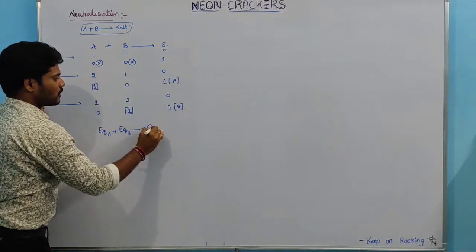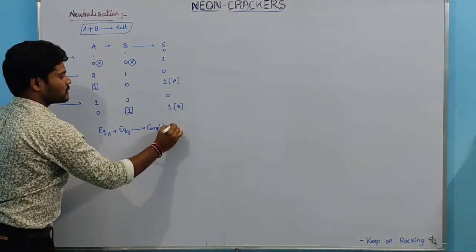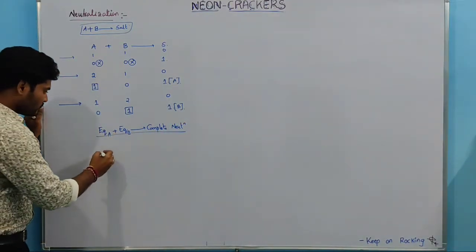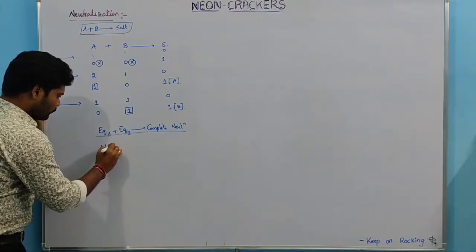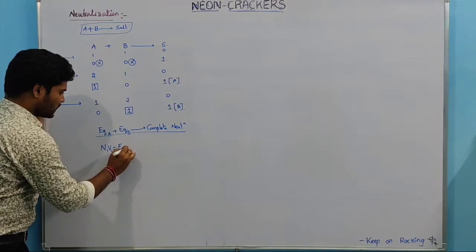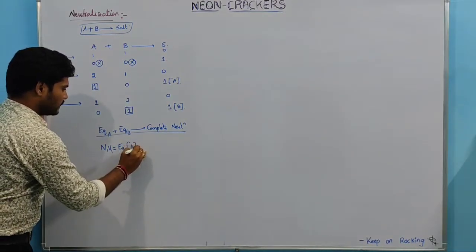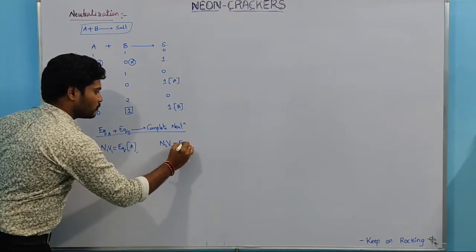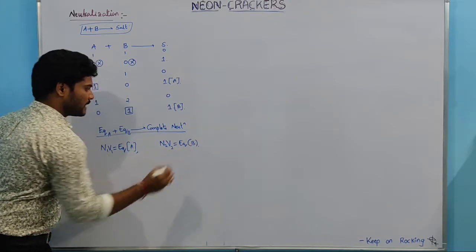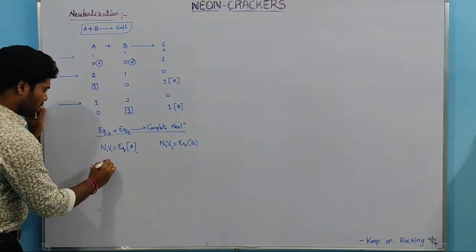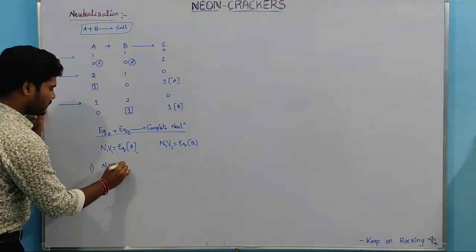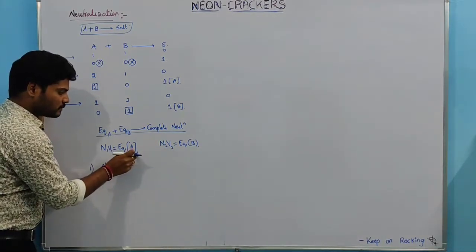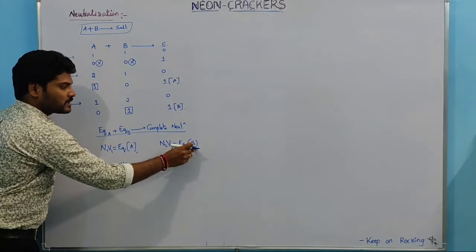Here N1V1 gives the equimoles of the acid and N2V2 gives the equimoles of the base. First condition: if N1V1 is greater than N2V2, the acid equimoles are greater than the base equimoles.